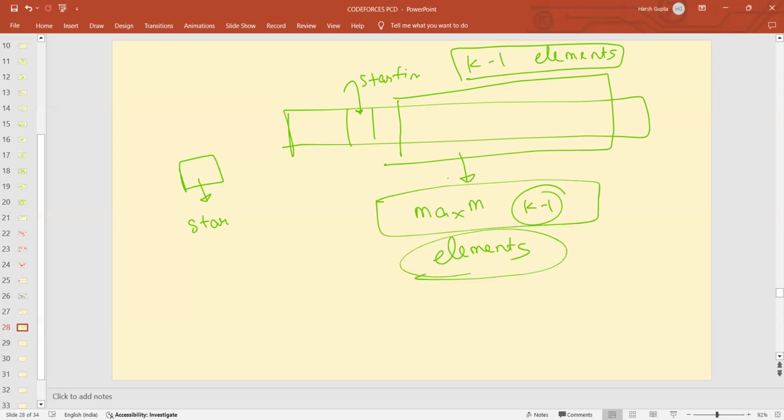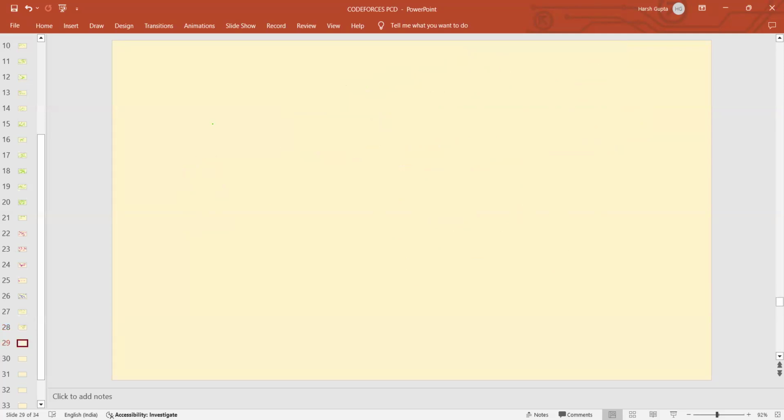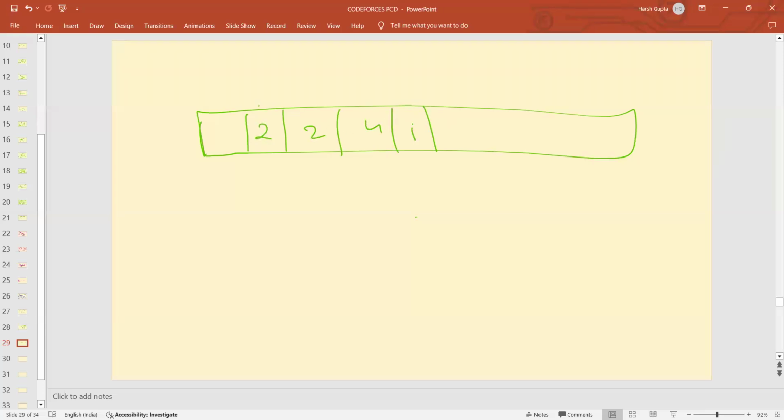If you are able to choose the maximum k minus 1 elements from the right part, now just imagine what can be the cases. Let me take an example: 2, 2, 4, 1. This is the same example, and let's suppose the value of k is 3 and you chose this as the starting index.